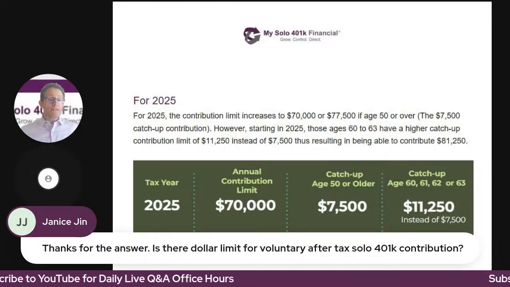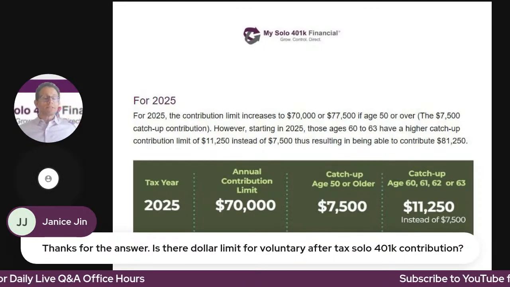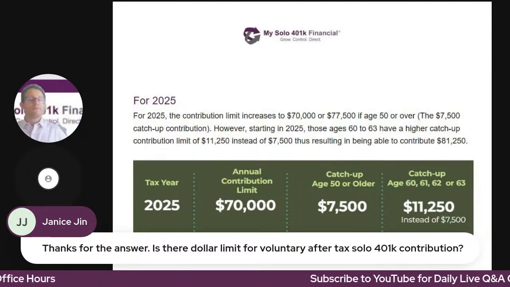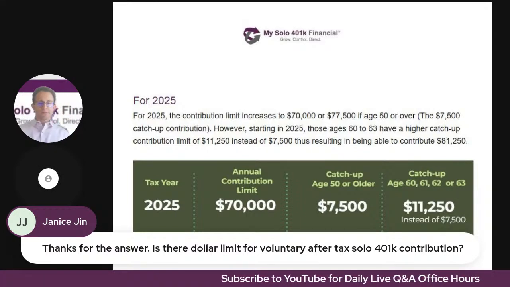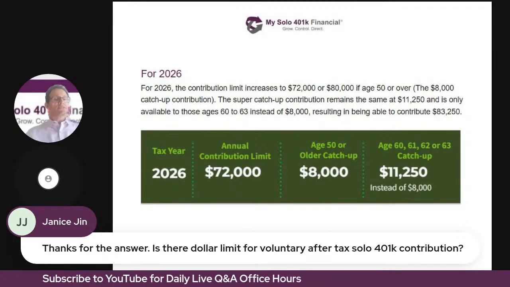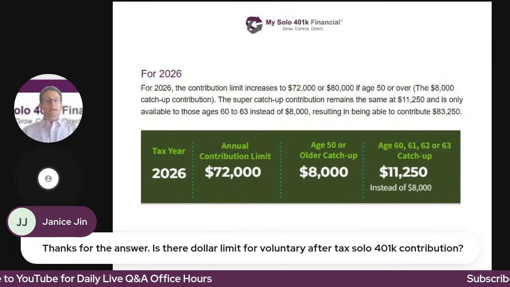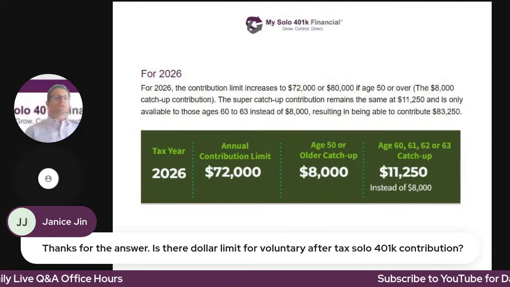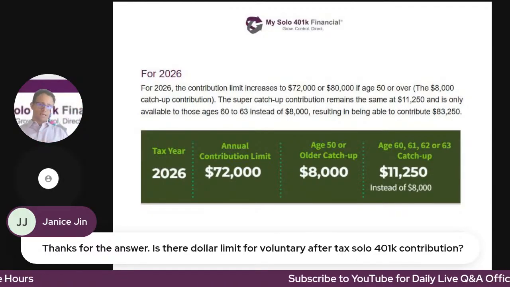And you have to have enough net self-employment income from your business to be able to contribute that full $70,000. So that's the limit. For tax year 2026, the limit is $72,000. That's the maximum voluntary after-tax contributions that you can make for tax year 2026.